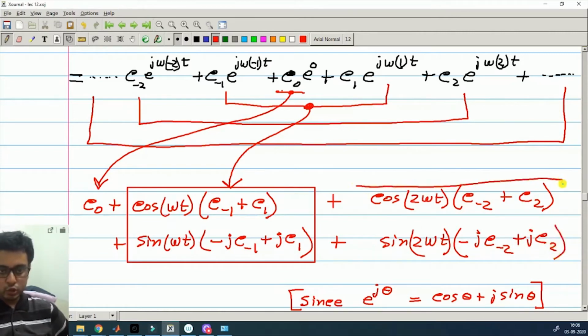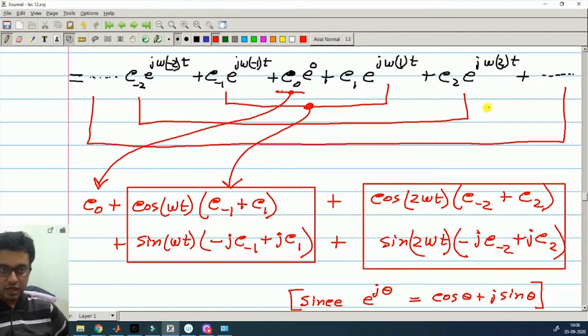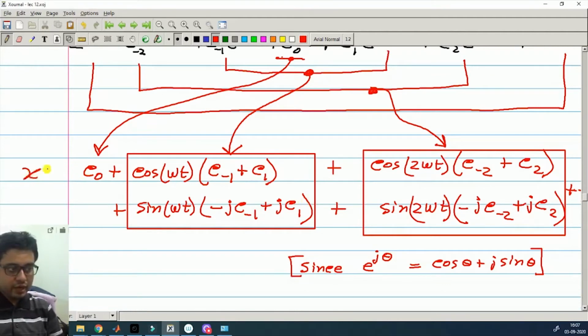These two terms are obtained from here, from here, that means this term and this term, and this way we will get more terms. This is nothing but xt.